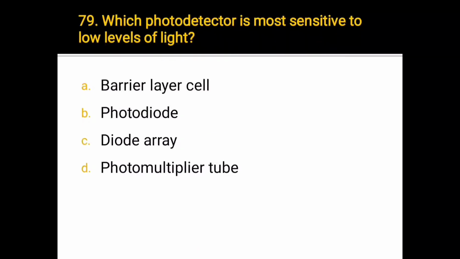Which photodetector is most sensitive to low levels of light? A. Barrier layer cell, B. Photodiode, C. Diode array, D. Photomultiplier tube. Correct answer D. Photomultiplier tube.